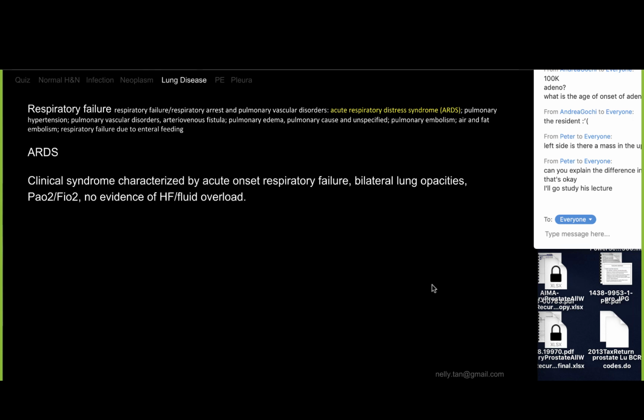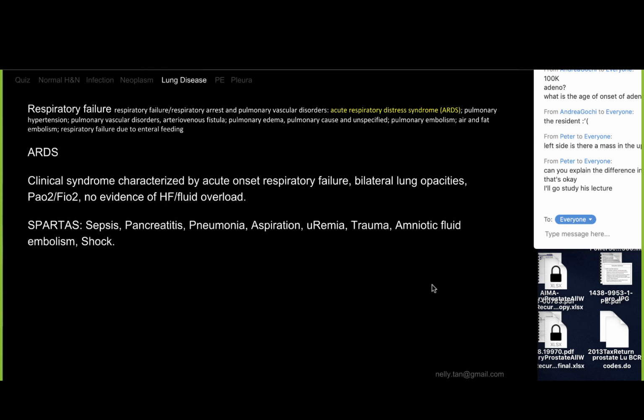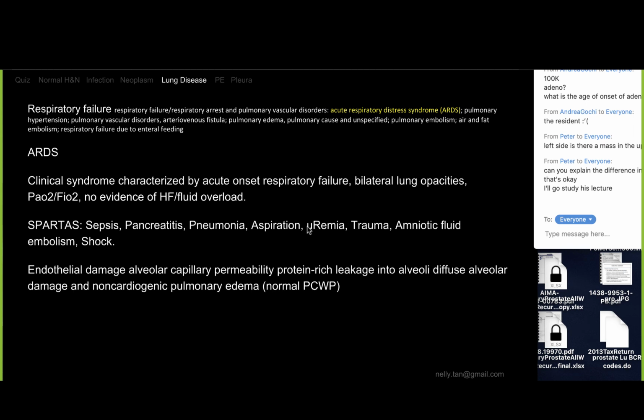Okay, so I'm going to just briefly touch on respiratory failure. As you can see, there's a long list of items, and I'm trying to cut back because the lecture is already long as it is. So we're going to just briefly touch on ARDS, but patients get respiratory failure.